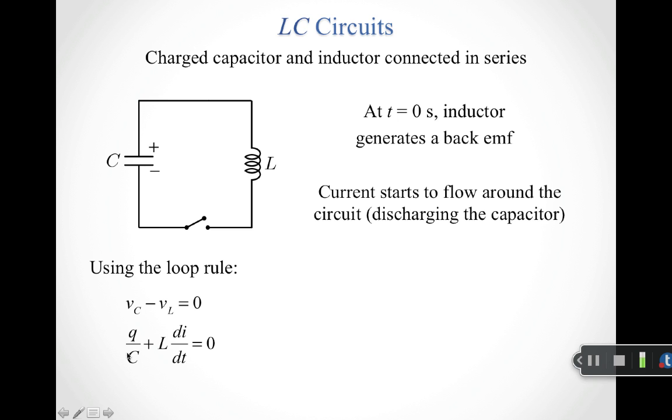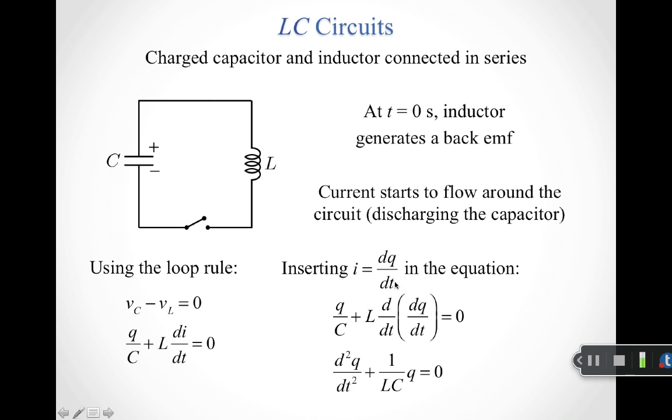The one subtlety in this equation is that we're defining the charge as being the charge on the positive plate, so that as the capacitor discharges, dq/dt is actually negative, right? That charge is leaving the plate, which means that the current is negative. And so that's why we end up having flipped this minus sign around. And so we end up with this equation here.